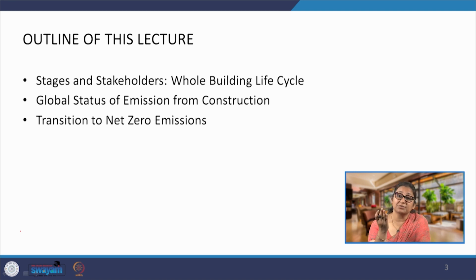What are the different scopes, which activities fall in which scope depending upon the activity, the project of each stakeholder or the related company. So, this is what we are going to look at in this lecture as we are gradually focusing on the emissions through buildings.